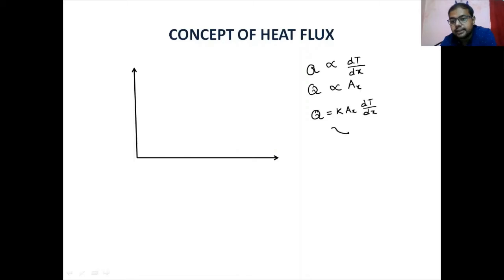I'm coming to one more thing. Here, I forgot to tell you, the sign will be minus in nature. Why? Because you can see the direction of heat transfer, the Q direction, is on this side.